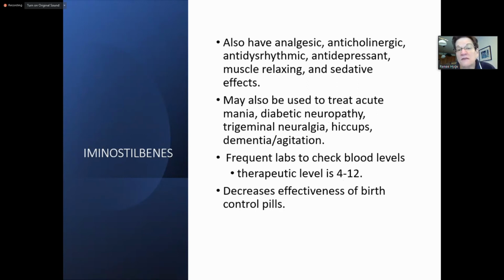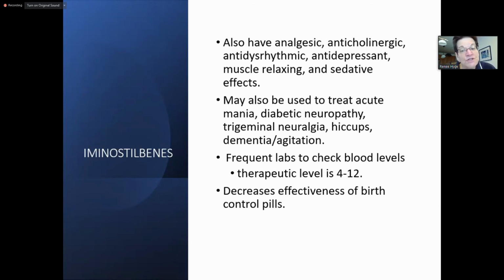You may see this one used to treat mania, diabetic neuropathy, trigeminal neuralgia. That's that face pain of that 7th cranial nerve. Hiccups. And a lot of times we use this one for our patients that have dementia or agitation.